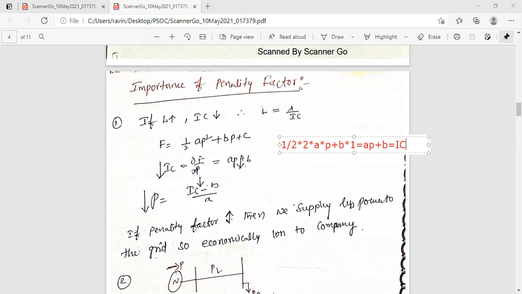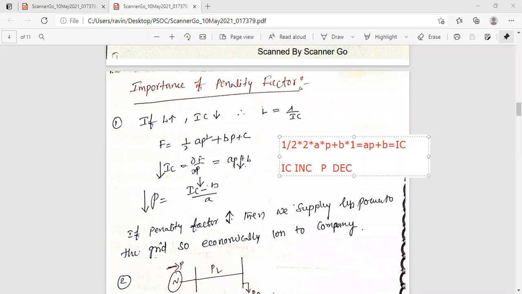For example, if IC increases, what is the power developed across the power plant? Power across the power plant always decreases.